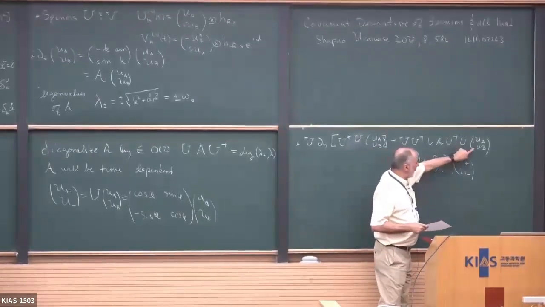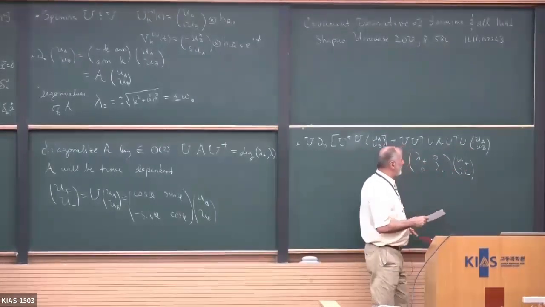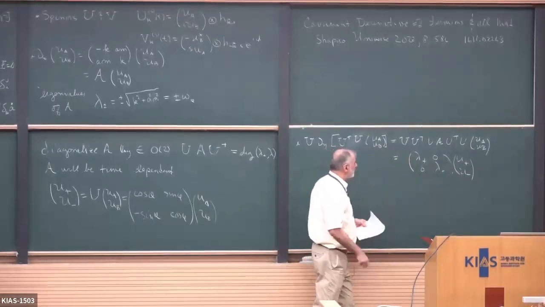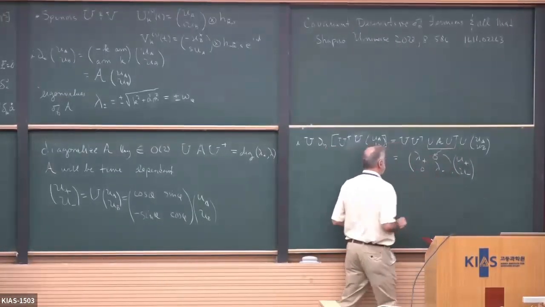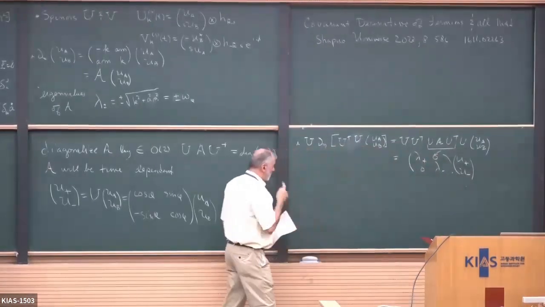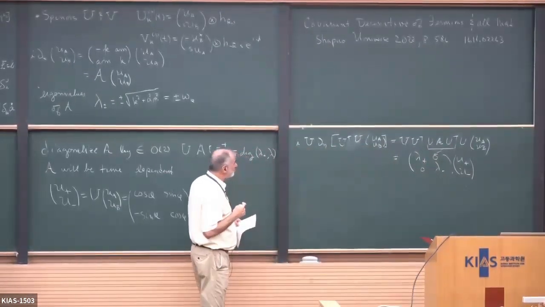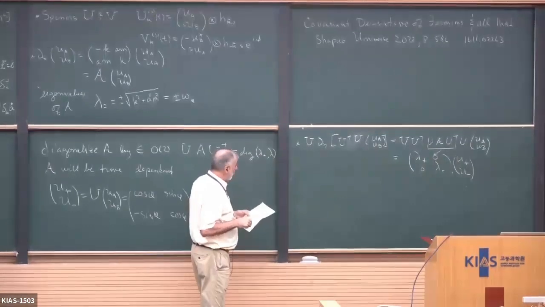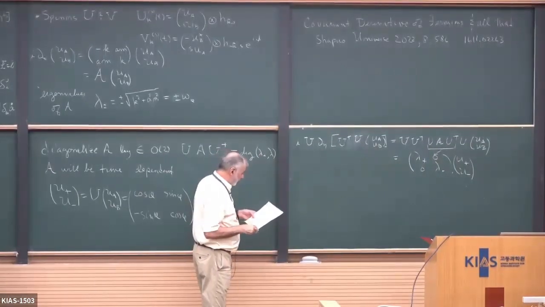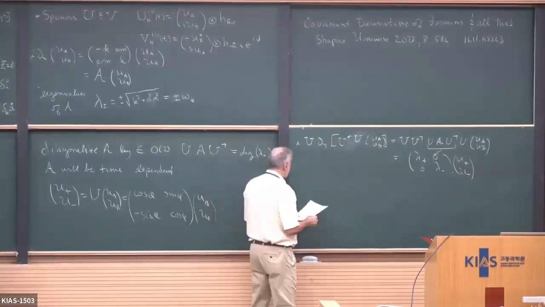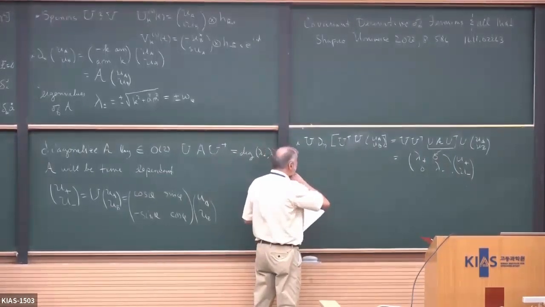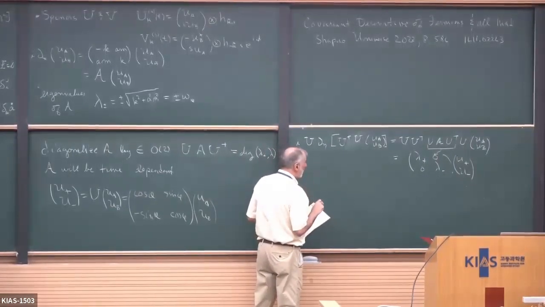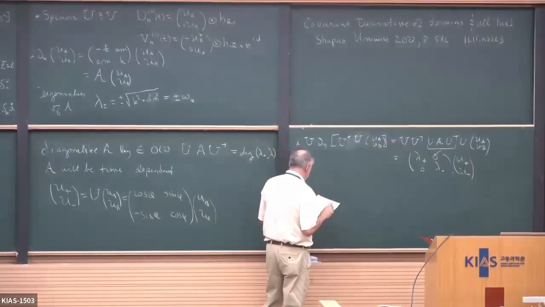U times UA and UB is going to be defined as U plus and U minus. This diagonalizes A. And over here on the left-hand side, I have this term. And U times UA and UB is U plus.